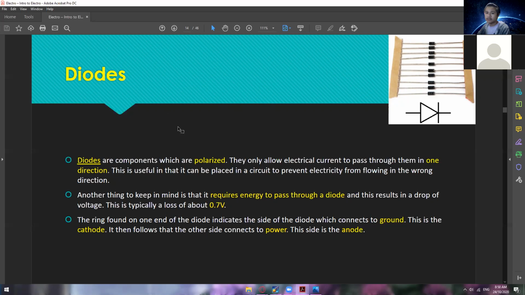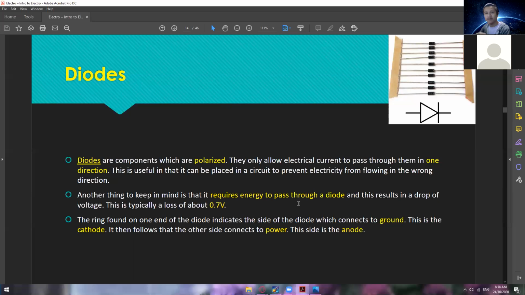Sorry, not 14. So in other words, you should have 1.5 volts and above as a voltage source, because if you only have, let's say, 1.3 volts, it will not be able to pass through that diode.